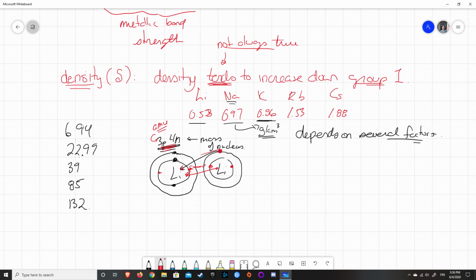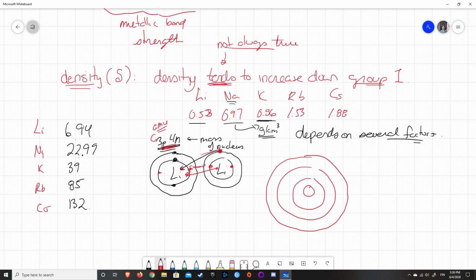So as we get bigger, if we move all the way from lithium, sodium, potassium to rubidium and cesium, we've got a large amount of layers. Let's try to draw this out properly.